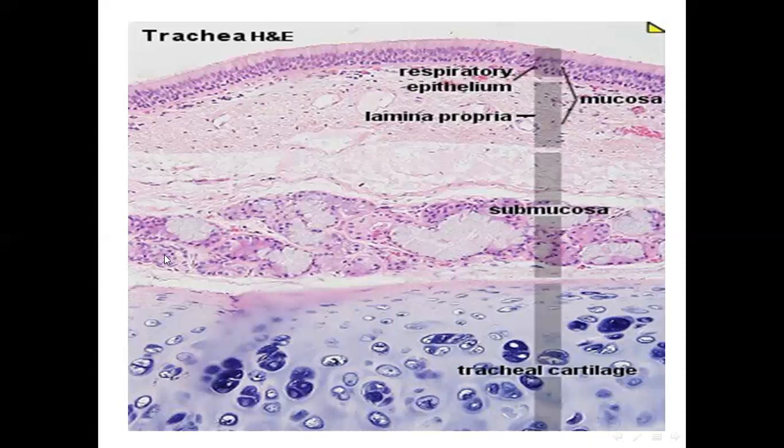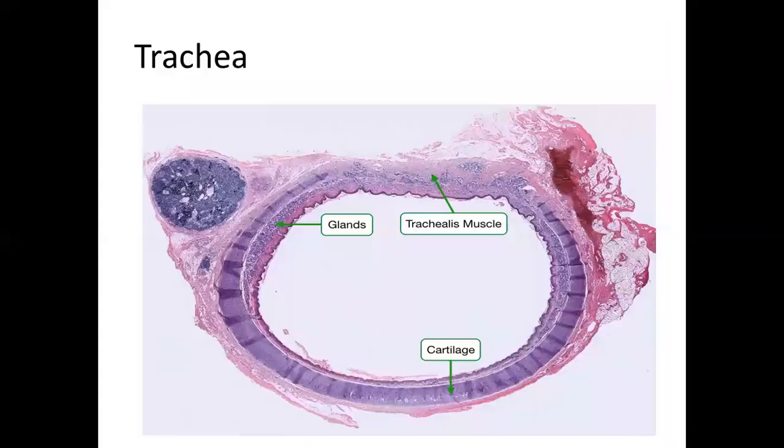The most prominent feature of the adventitia are the hyaline cartilage C-rings. نرجع على الصورة هذه هي الهايلين cartilage. إذن هذه منها عندنا هي الميوكوزا طبقة السبميوكوزا. وهذه الآخر شيء هي عندنا طبقة الأدفنتيشيا that's including the cartilage اللي هي يكون بشكل C shaped. هذه مثل ما تشوفها أنت تكون complete C shaped. أوكي.